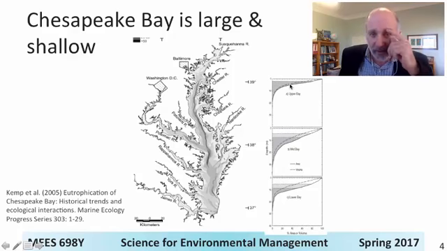You can see that over 50% of the volume is less than 5 meters, and a considerable amount of it is less than a meter. In the mid-bay, it's a little less so because we have the deep trough here. But even the lower bay, which is the more oceanic, is still actually quite shallow through much of its depth.